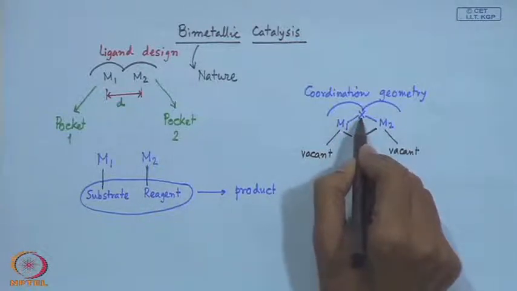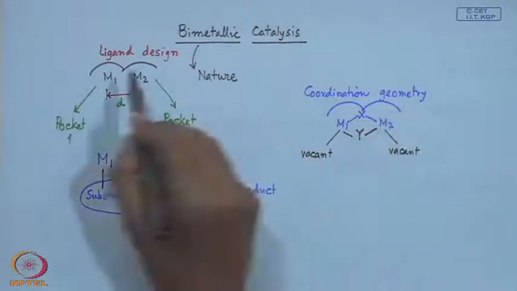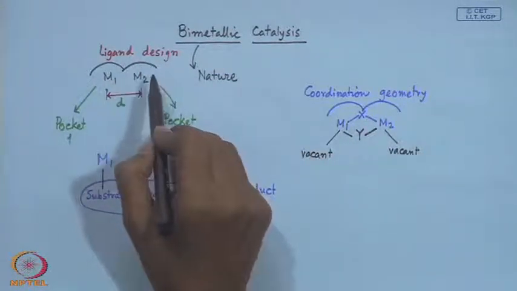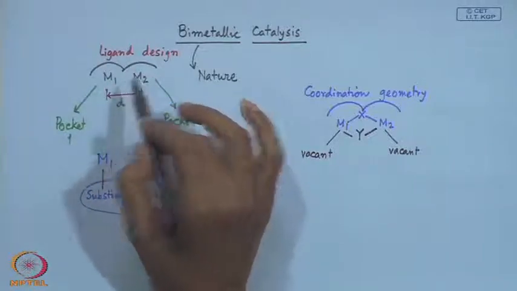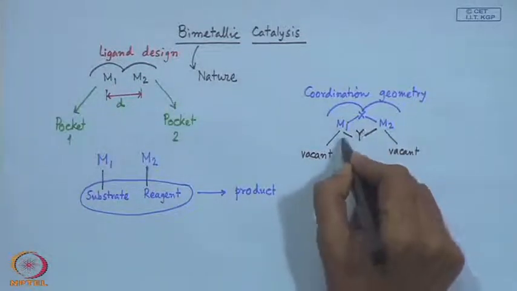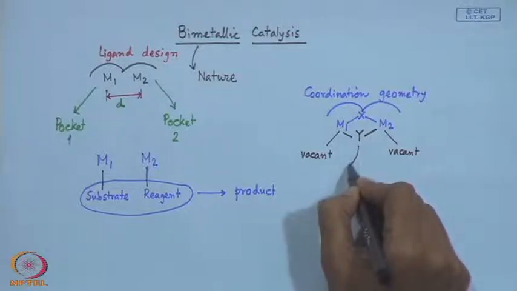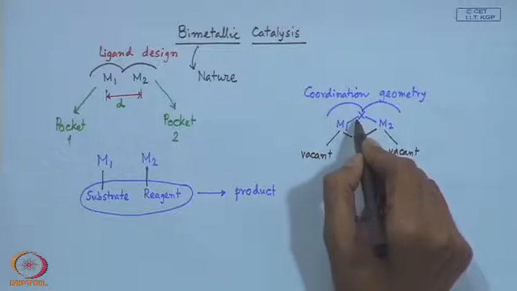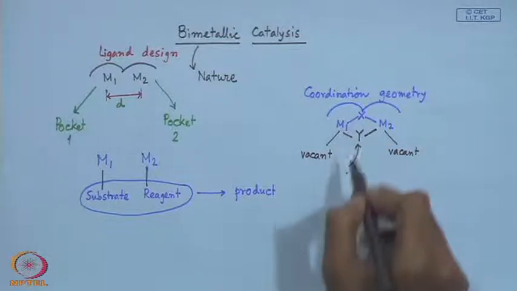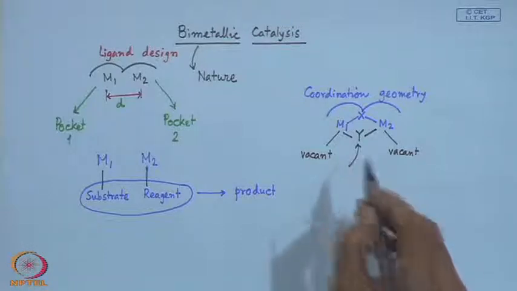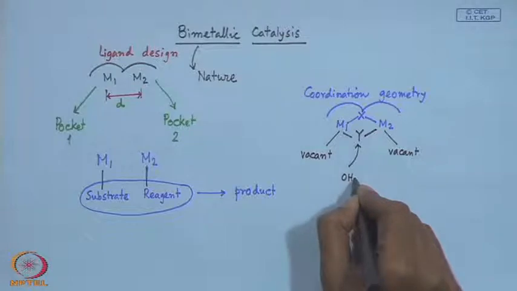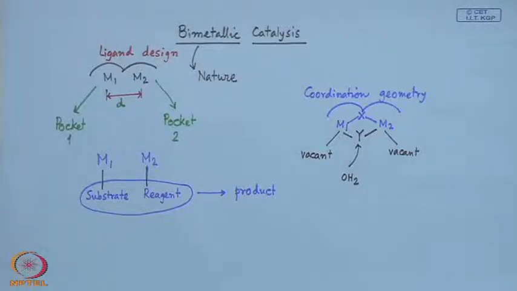And if X is part of the ligand, during the ligand design you think that X should be there, and based on that X you get the corresponding binuclear compound. This X, which is coming from the ligand system, we call an endogenous one, and then Y, coming from outside, is exogenous. That means some small group, sometimes a labile group like a water molecule.